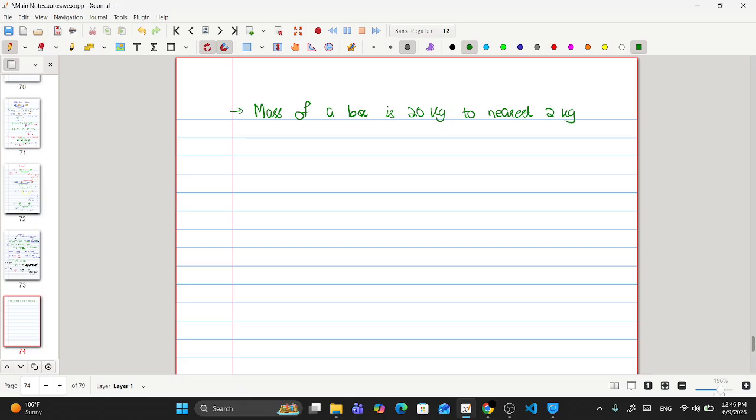And let's say the mass of its packing. In fact, you should solve this one yourself because here it's a different formula. Mass of its packing inside, whatever product it could be, is 2 kg.